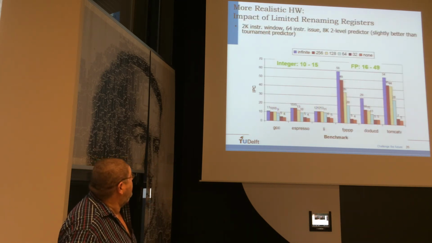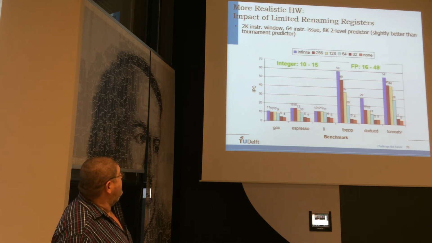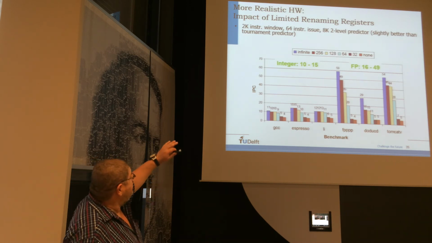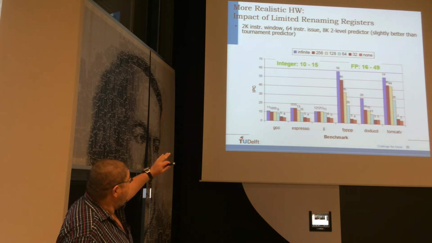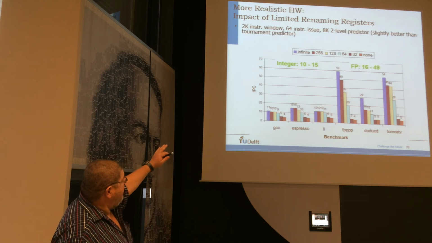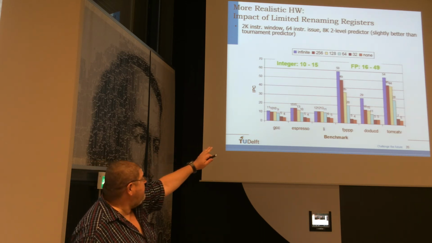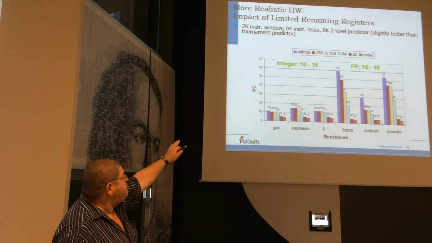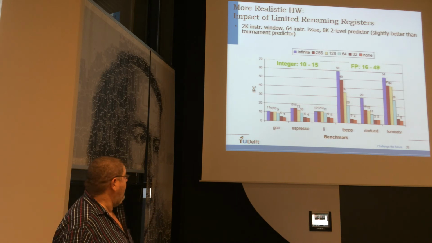Now, the same story here, but now it's different. I'm limiting the renaming registers, and I am trying to see what is happening if I have no limit on the renaming, no renaming, and registers between 32 to 200 something.